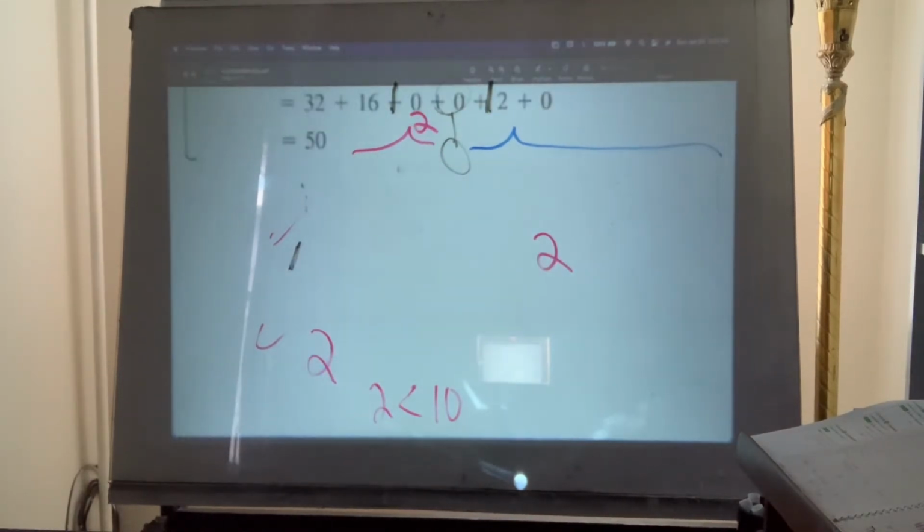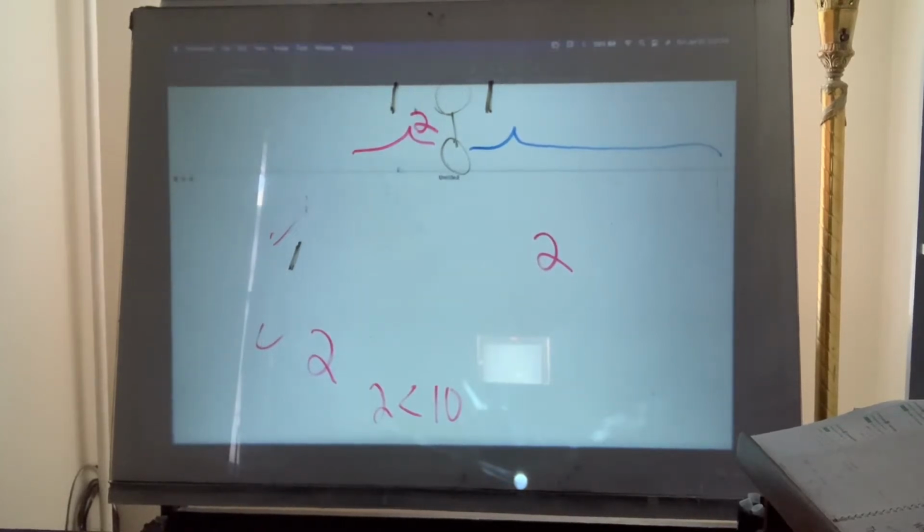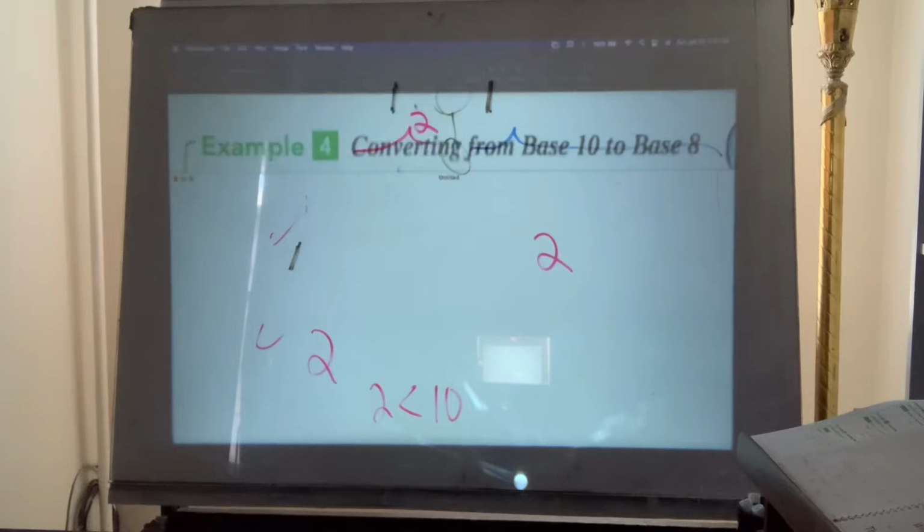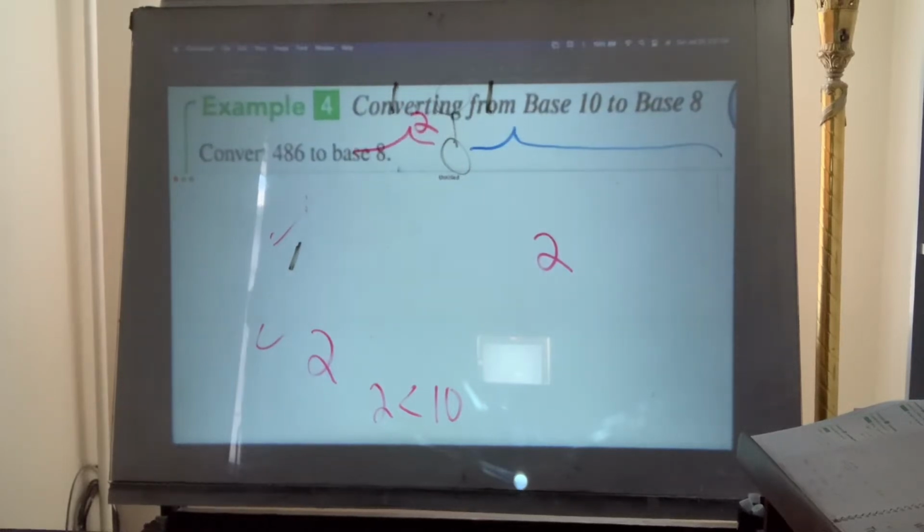So back to the program here of examples. We're moving on to example 4. Now we're going the other way.